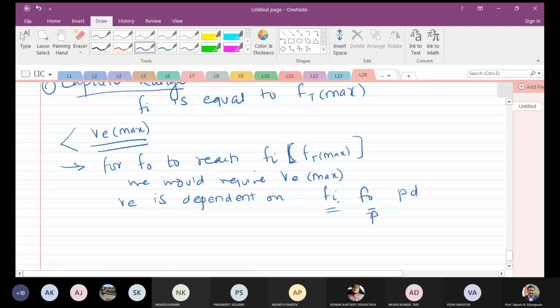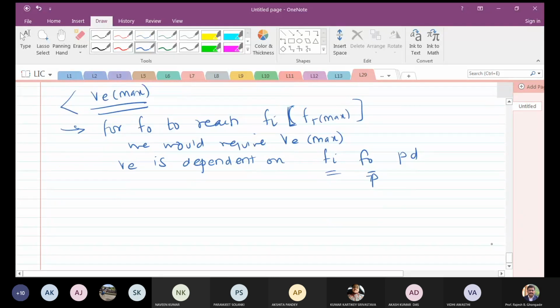That is the reason why we want it to be locked. So FO is constantly changing and it is not capable of generating VE max.